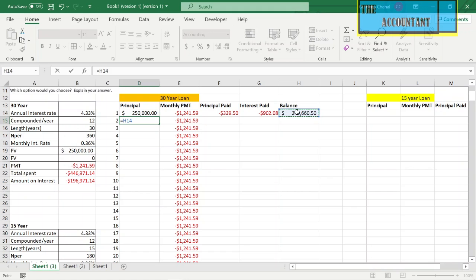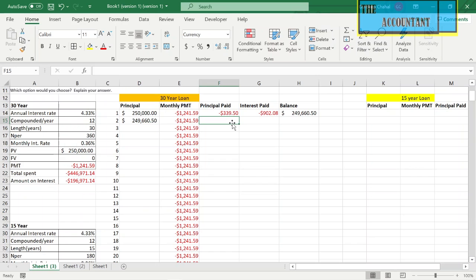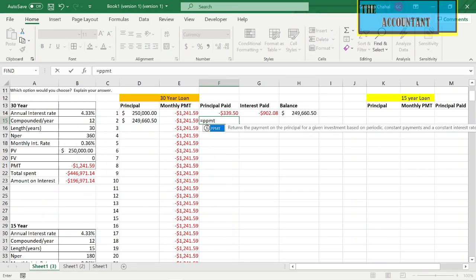So now for this cell, we wanted to always start at this cell. So we'll select that. We're not going to make it absolute because we want it to change. For the PPMT, we'll have to enter it once again. So the rate, once again, that will be absolute, but the period, because we want it to keep changing, won't. The number of periods, present value, and the future value will all be absolute still.